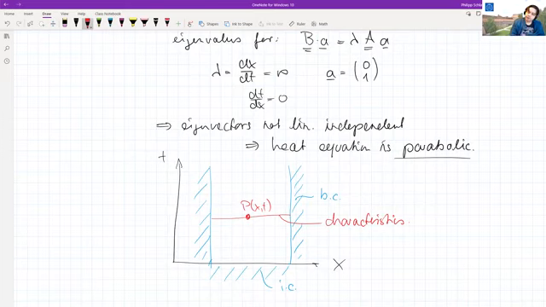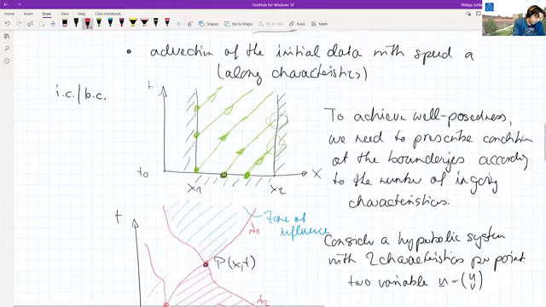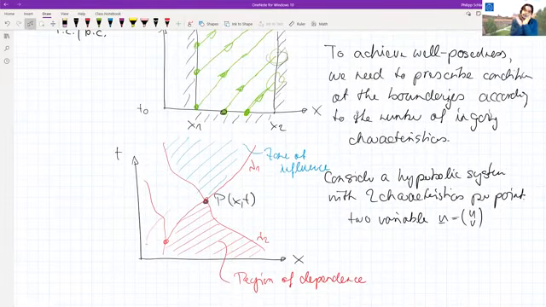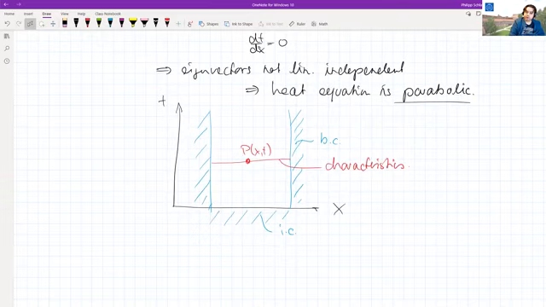Because if you just think of the transition from hyperbolic to parabolic, the hyperbolic case up here, well, we had it in this way, that it formed a cone, or a triangle in 2D, or a cone in 3D. And then if you think of that, you start to decrease the speed of the characteristics, it would just mean that these two sides would go down more and more, up to the point that these lines would become horizontal.